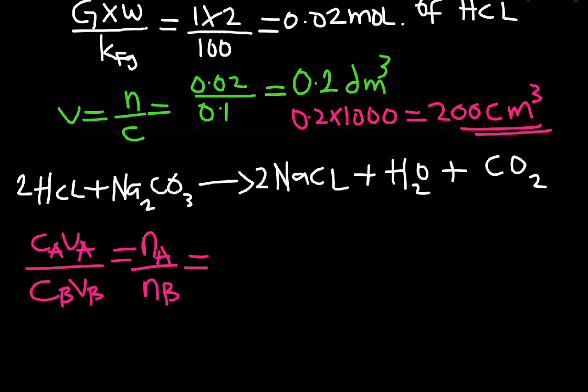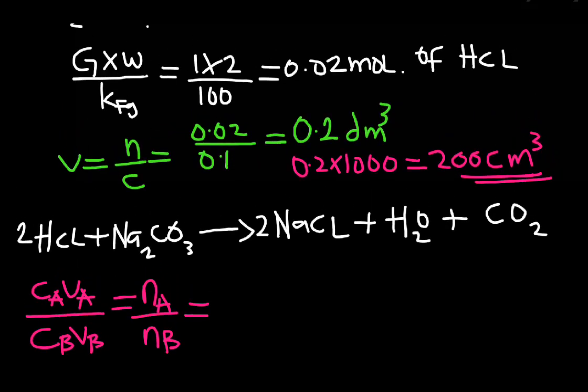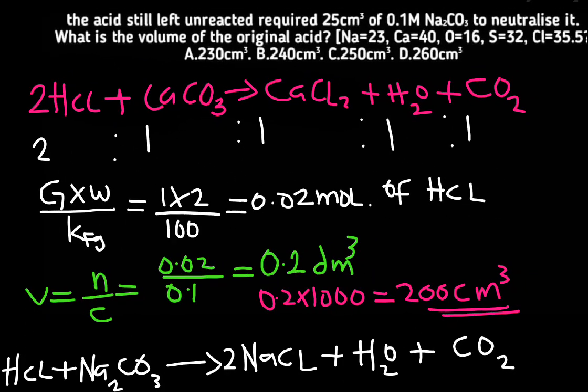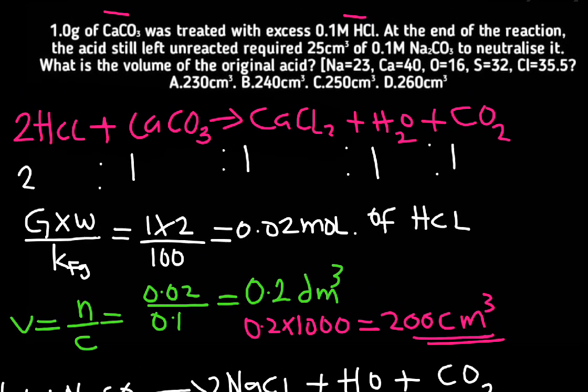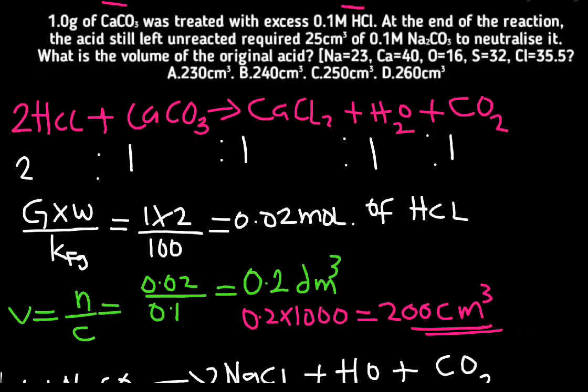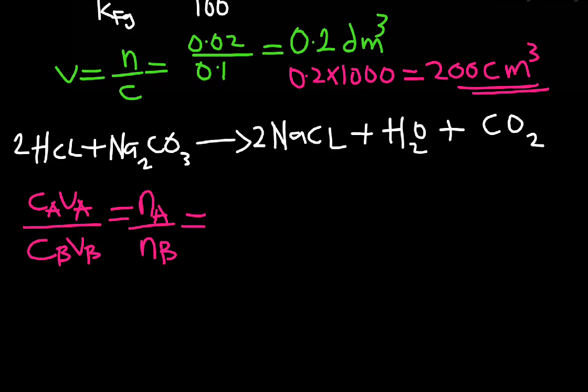If I plug in our data, going back to our question, the concentration of our acid is 0.1 molar, and that of the base is also 0.1 molar, while the volume of the base is 25 cm³. If we make the volume of the acid the subject, we'll go step by step.